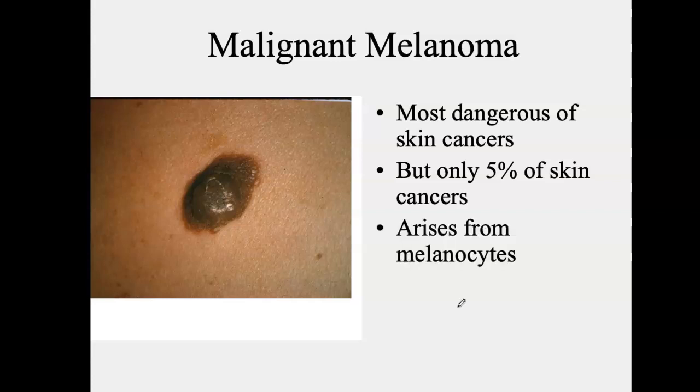And again, they're arising from the melanocytes, a cell that secretes melanin. And there you can really see in the picture how it's darkened, right? And that's secreting too much of this melanin.